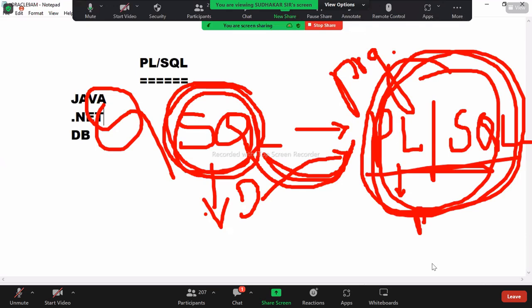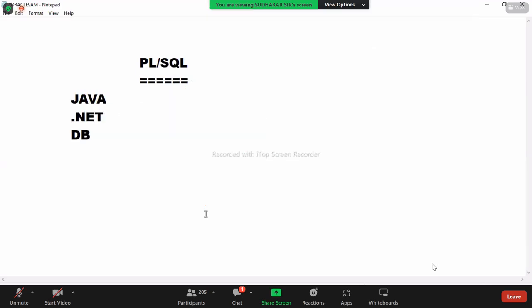In PLSQL also we write programs. Here we use if-else conditions, for loop conditions, exception handling, arrays, collections, packages. Sir, every topic is there in Java. Yes, every topic is there, but the way of implementation will be different. We will discuss that tomorrow.